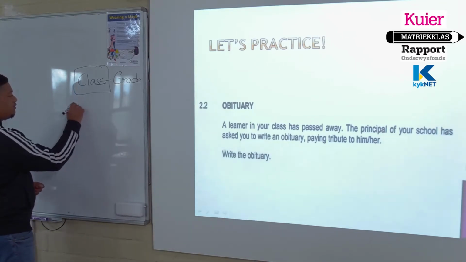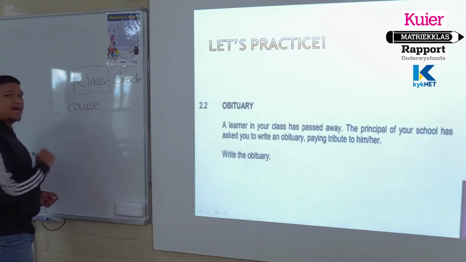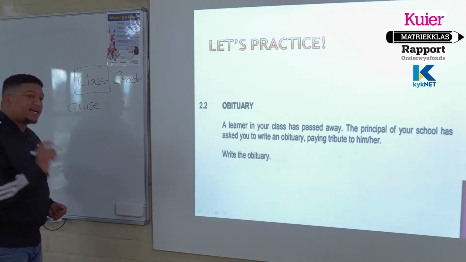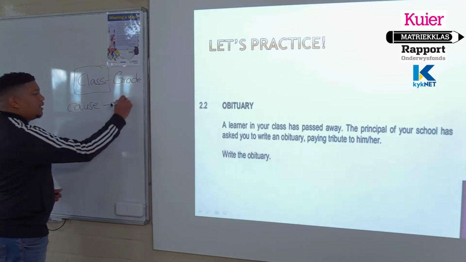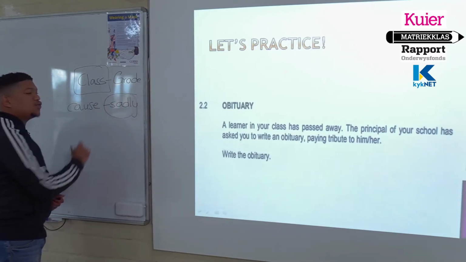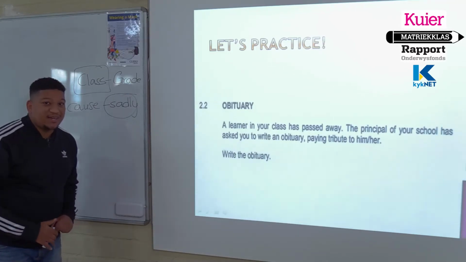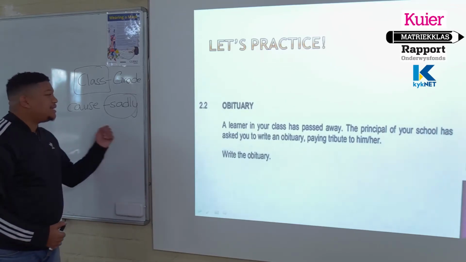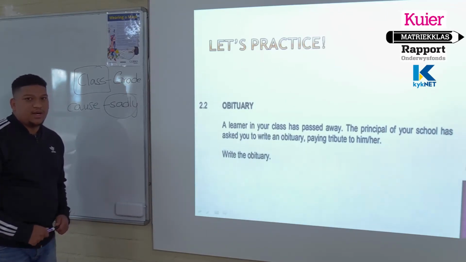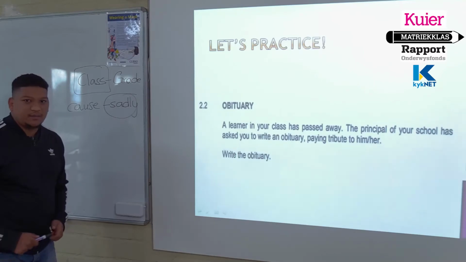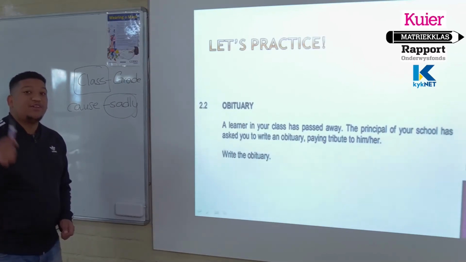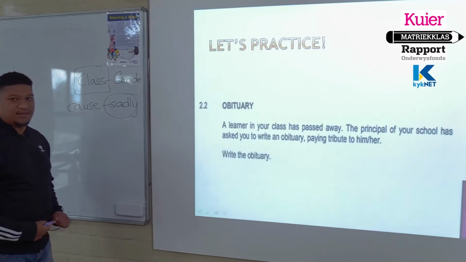So now, cause of death. Do I have to include it? No. But I can say sadly passed away. Why? Because it is always sad when a child passes on. I'm not saying it's not sad when our adults pass on, but it is sad when a child passes on. So sadly passed on. I do not have to include the proper cause of death, right?